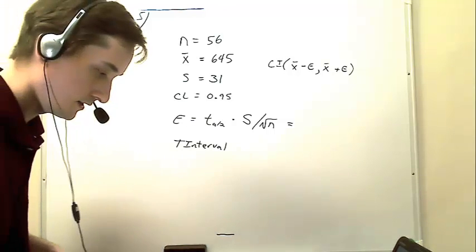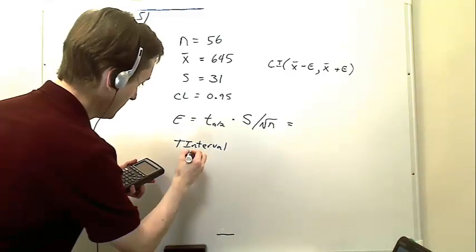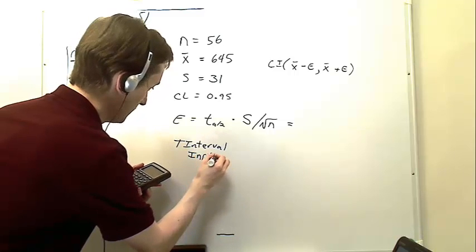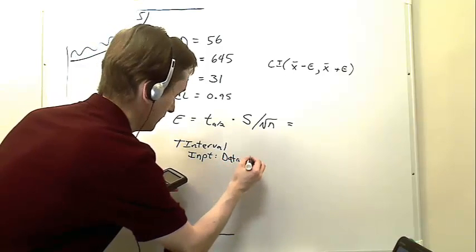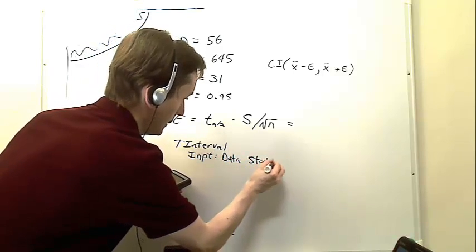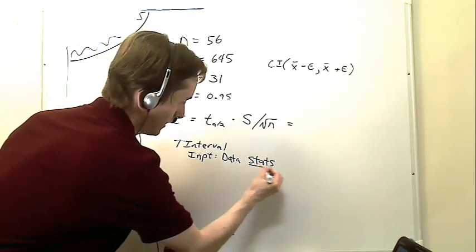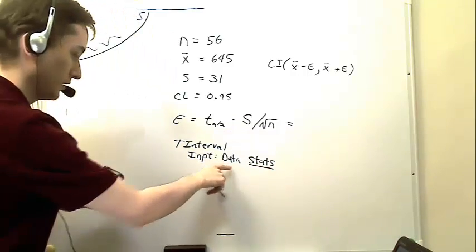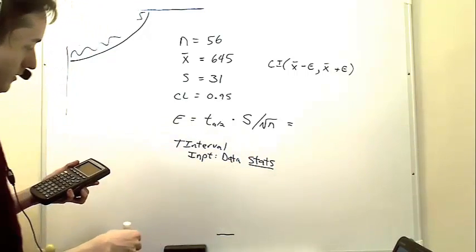On the second line it has input, colon, data, and then stats. You want the cursor to be on stats, flashing. If it's not, you have to use the arrow button to go over there and press enter on it.